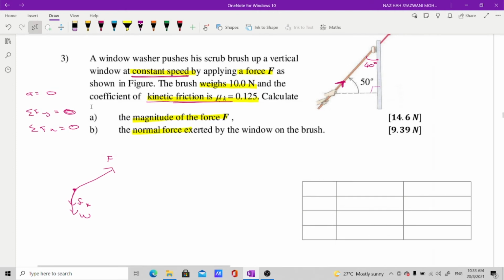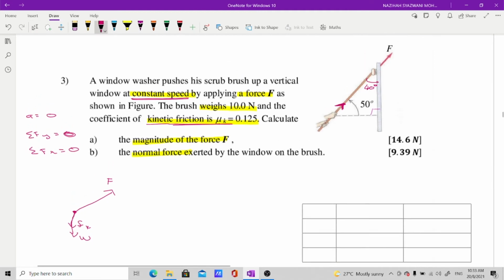So if we would like to translate the angle, let's do this. Let's say this is the axis, so this is the y-axis, the x-axis. This one would be 40 degree. So let's draw the axis of the free body diagram.